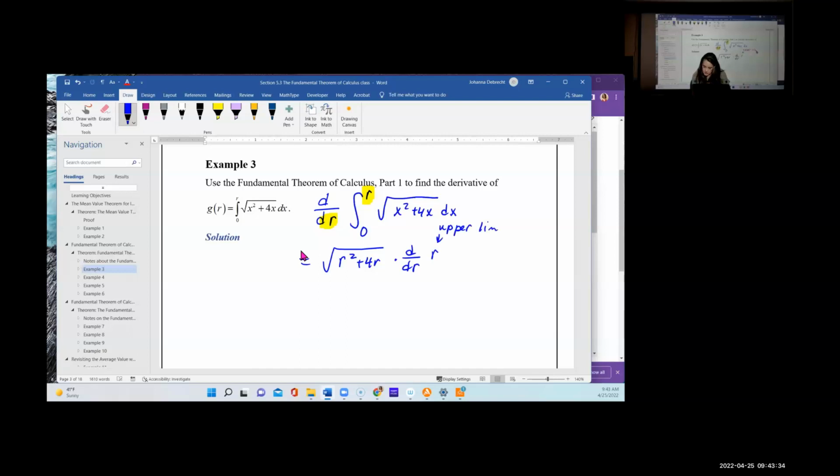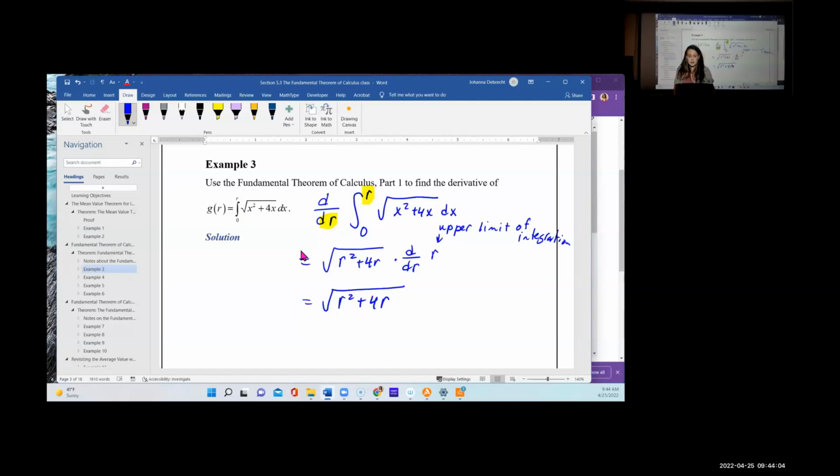Now the derivative of r with respect to r is of course just 1. So we end up with the square root of r squared plus 4r. In other words, the upper limit of integration gets substituted into the integrand function, and that's the result. There's really no work to do. You can just write the answer down almost immediately.